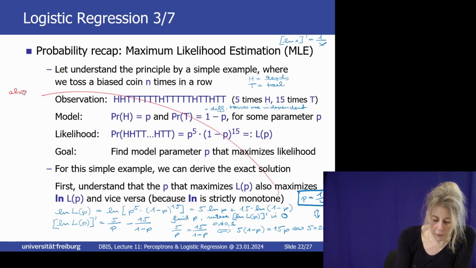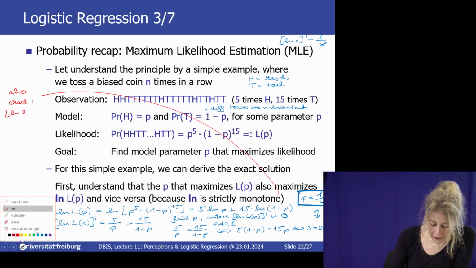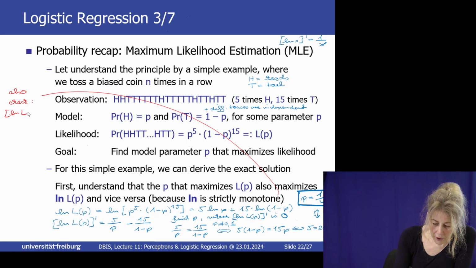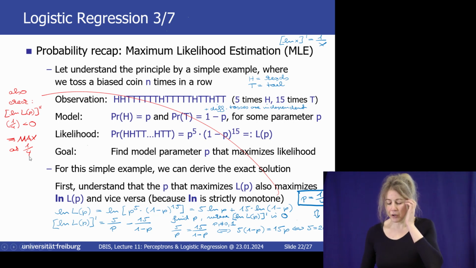We will not do it, but you can check it at home, that the second derivative, no, it's not small l, it's capital L, L of p, when applied to this 1 over 4 is negative, which means it's a maximum at 1 over 4. Yeah, that you also have to check. Otherwise it could also be a minimum, but it's actually a maximum.